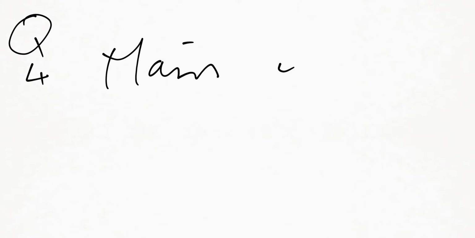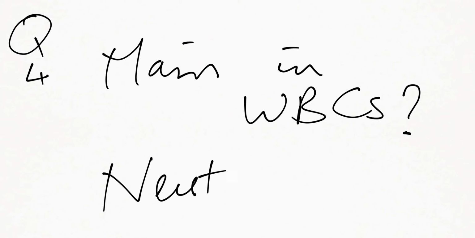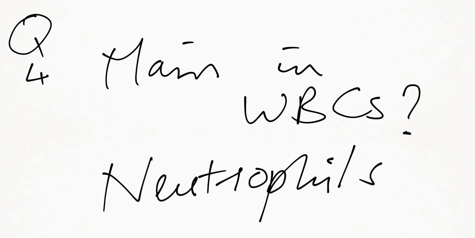He's going to ask you another question which is a little bit tricky, but it is easy. What is the main component in WBCs, or white blood cells? And the main component, as you know, is neutrophils. This seems like a stupid question, but it is a tricky question, and some people fail to answer it if they do not know the answer.